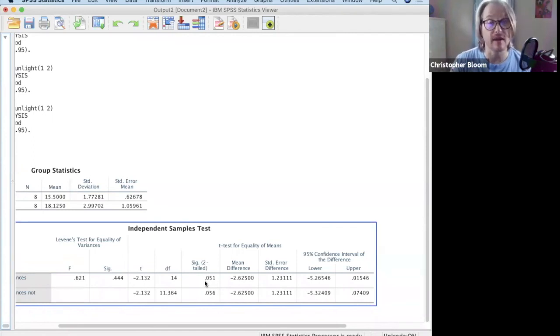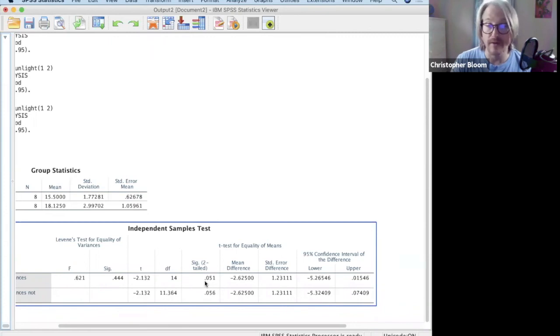What it does instead is it gives us the probability at which this would be significant. If that value is above our alpha, it's not significant. If it's below our alpha, it is significant. This is 0.051, just so close, just so barely above our alpha, just like it was just barely not in our region of rejection when we did it by hand.